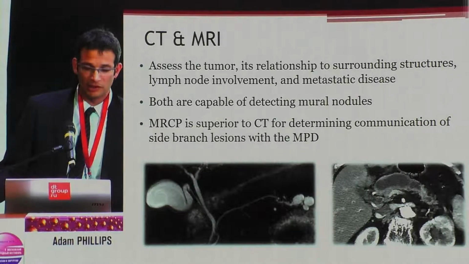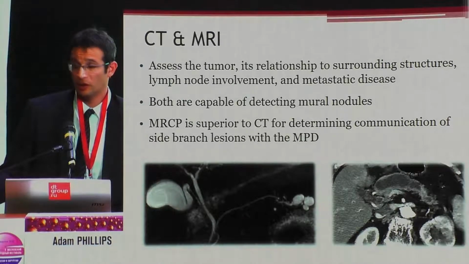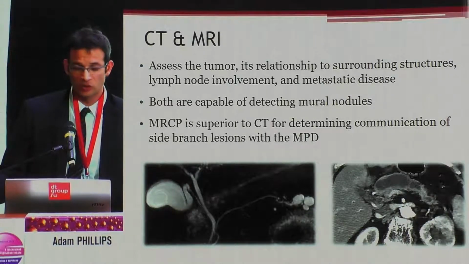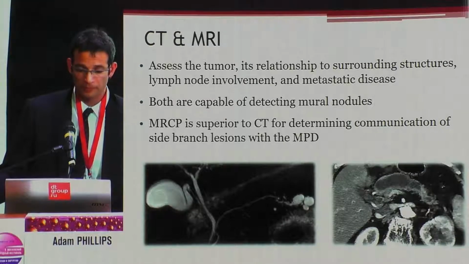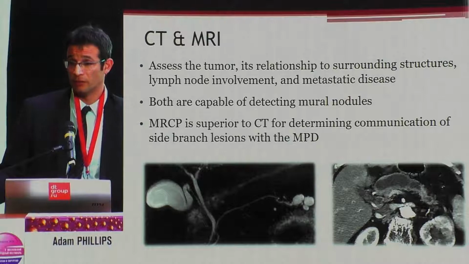What about CTs and MRIs? They are good to assess the tumor, the relationship to other structures, if there is lymph node involvement, vascular involvement, or if there is metastatic disease far away. They are good also, the CT and the MRI, to detect mural nodules.